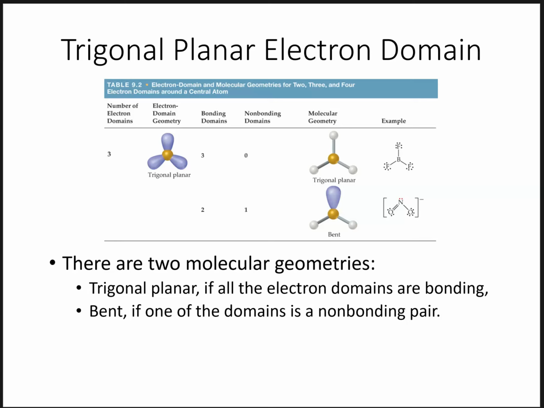Make sure you note that, as you will be held accountable for bond angles. If 2 of the domains are filled with bonds and 1 is a lone pair, you will have what's known as a bent structure. This bent structure has a bond angle of 120 degrees, but we'll see in a minute that we can also have a bent structure of slightly less than that.